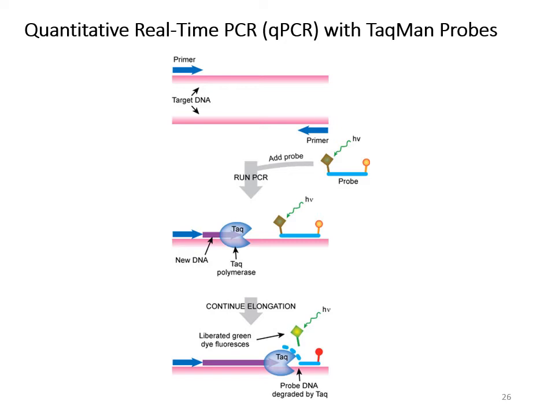So one more time, the more product you have, the more template DNA you have, the more new strands will be built with the Taq polymerase, which means more probes get cleaved, which means greater fluorescence as the fluorophore is separated from the quencher.